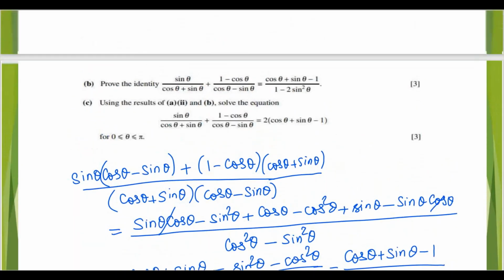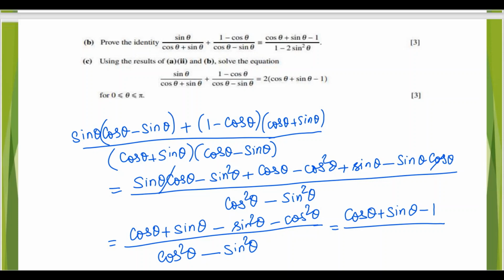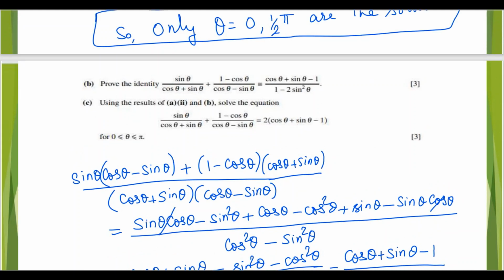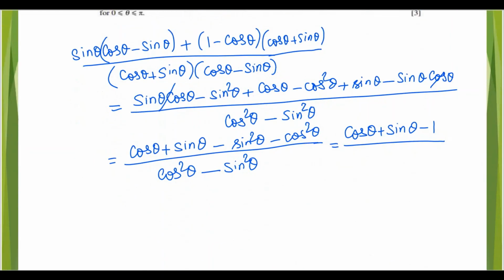So we need to prove this is equal to, okay, we got the numerator. For the denominator, we have to get 1 minus 2 sine square. We need to get sine square only. So for cos square, we will substitute 1 minus sine square theta, minus sine square theta.